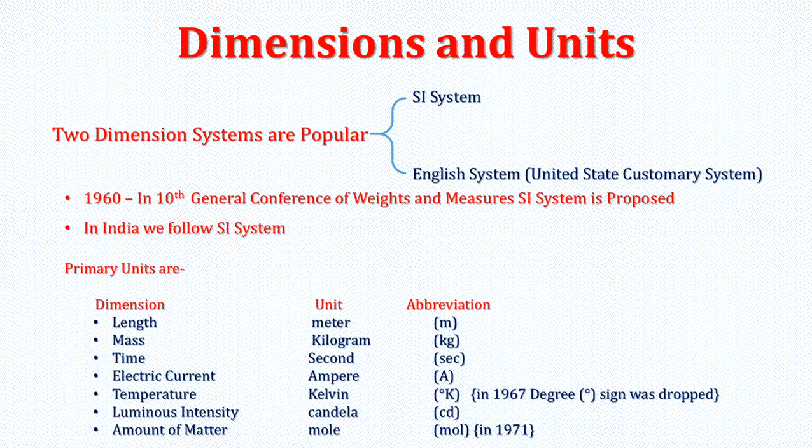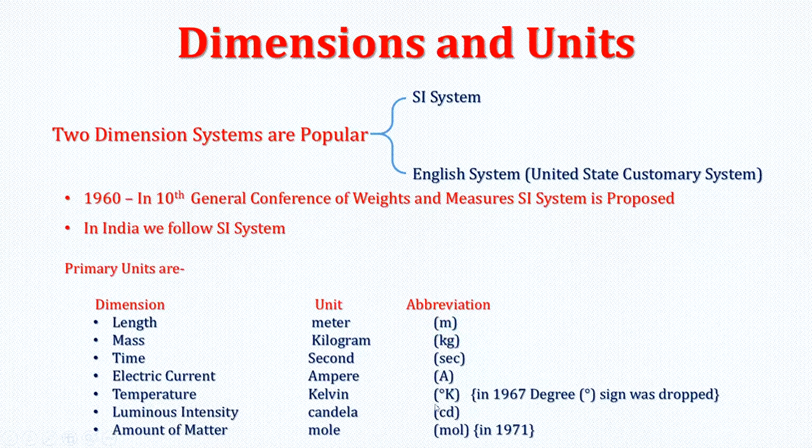One thing you should notice here is, for length the abbreviation used is small m, but for Kelvin the abbreviation used is capital K. So there is one thumb rule: if any unit is named after a person in his honor, like here the unit of temperature is Kelvin, named after Lord Kelvin, it should be abbreviated with a capital letter K. The rest of the units are abbreviated in small letters, like here meter is abbreviated as small m.